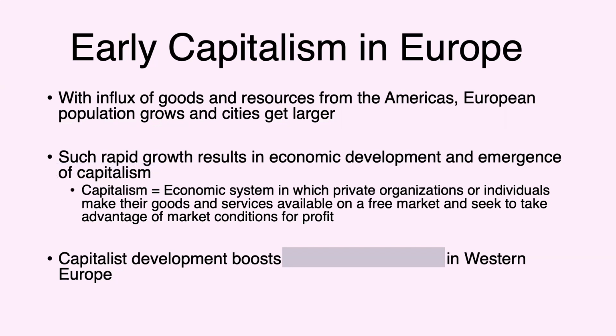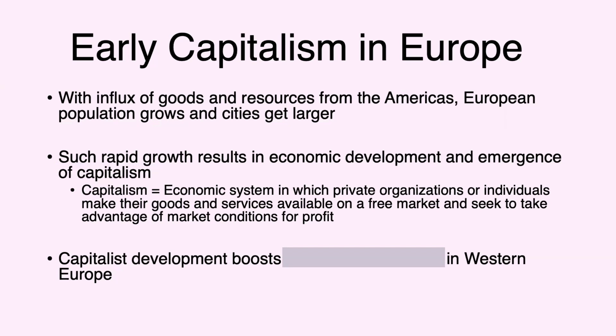Now, we are likely familiar with capitalism in a certain form in terms of it being part of our current economy. But we can define capitalism as an economic system in which private organizations or individuals make their goods and services available on a free market and seek to take advantage of market conditions for profit, right?